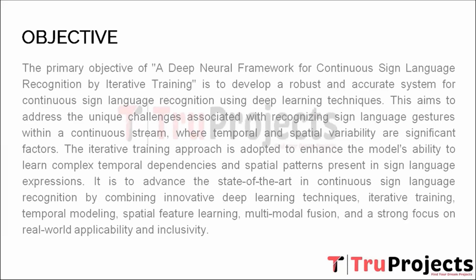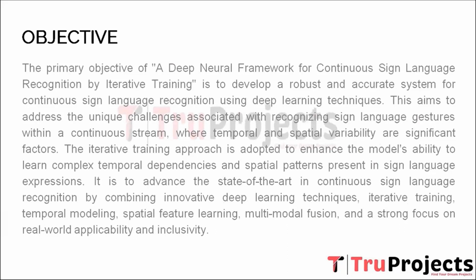The specific objectives for the researchers are: improved recognition accuracy. The research aims to achieve higher accuracy in continuous sign language recognition compared to existing approaches. Spatial feature learning: the research aims to design specialized convolutional neural networks, that is CNNs, to extract discriminative spatial features from video frames.